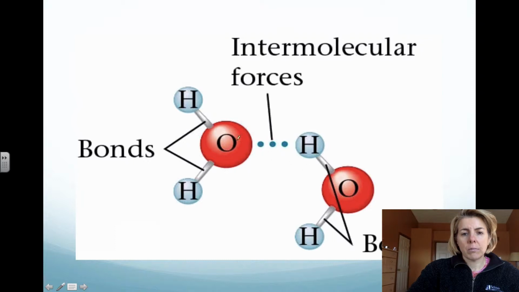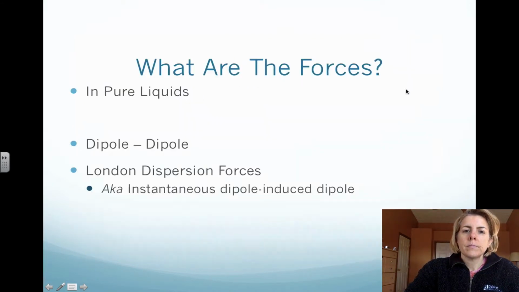These are two separate molecules, and they have a weak attractive force, and we call this intermolecular. Intermolecular means between two molecules. So in pure liquids, we have what we call a dipole-dipole attraction. We also have what we call London dispersion forces, and we're going to talk about both here.